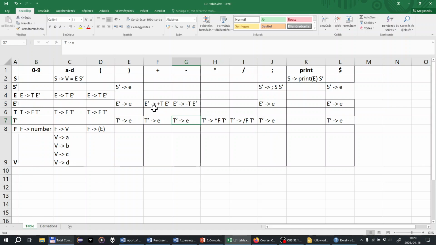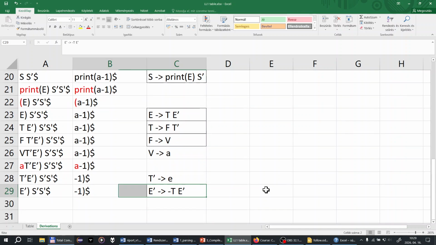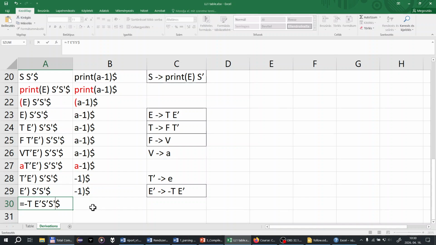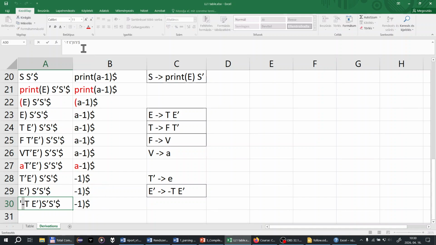For the E prime and the minus we have minus T prime, and we have the minus at the beginning, so we eliminate these minus signs.